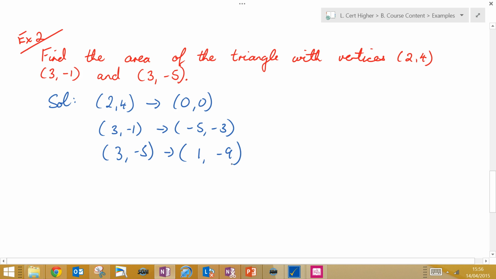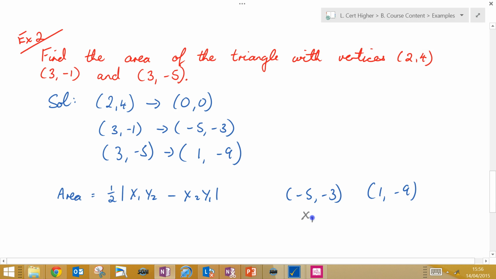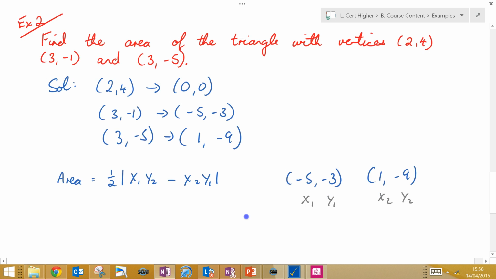So now we have what we need in order to fill in our formula. Our formula is the area of a triangle is equal to a half |x1 y2 subtract x2 y1|, and the points (-5, -3) and (1, -9) are x1, y1 and x2, y2.